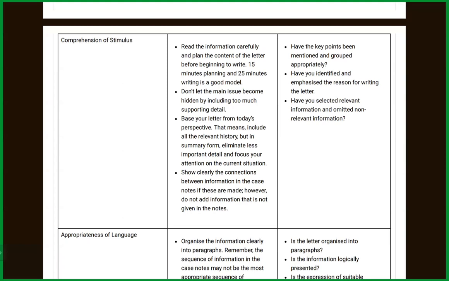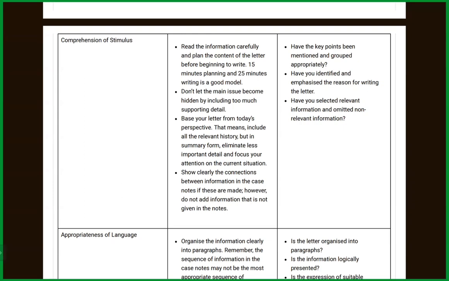The second strategy is, don't let the main issue become hidden by including too much supporting detail. I already told you to always give priority to the presenting complaints, presenting issues and the social factor.